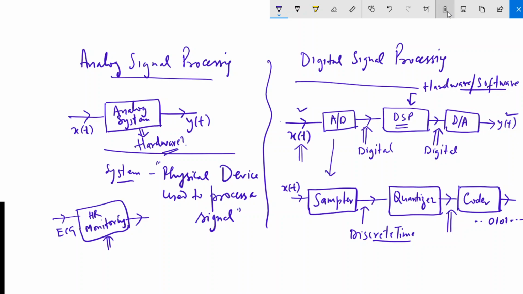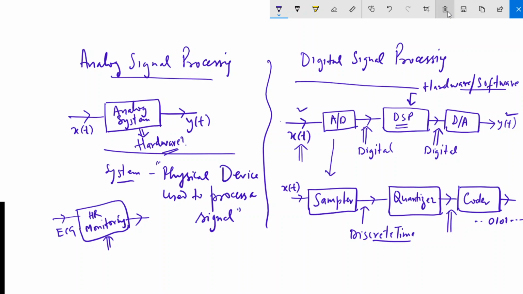So by simply changing the code in the DSP processor, this block can be used for many applications. Whereas in analog signal processing, if you want to design a new system, you have to design new hardware, test it, and then implement it. But that is not the case with the DSP system.